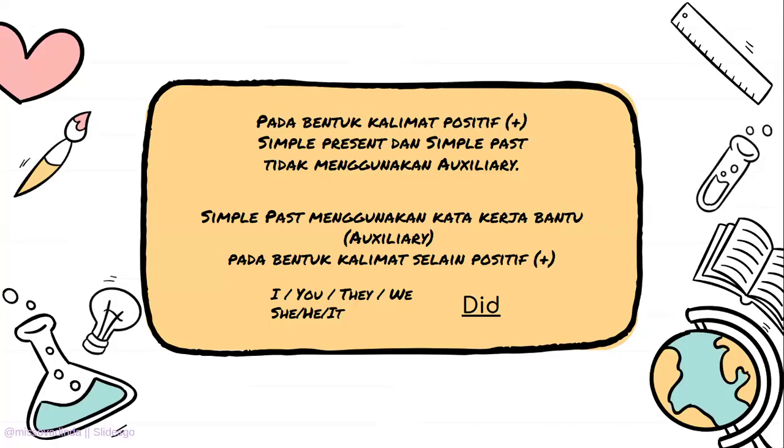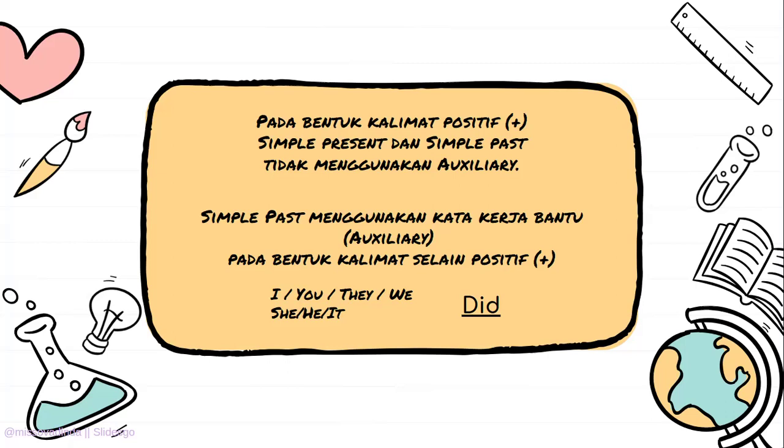Please pay attention. The positive sentence of simple past has no auxiliary, or to be. Remember, when we talked about simple present, a positive sentence directly uses verb 1 or verb s, depending on the subject.